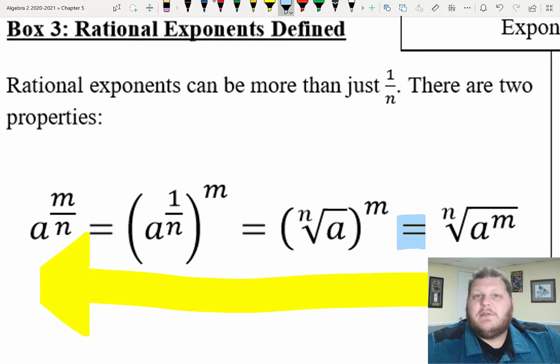Our m could be on the outside exponent, or it could be on the base itself underneath my radical, but really these are just different ways of rearranging it.